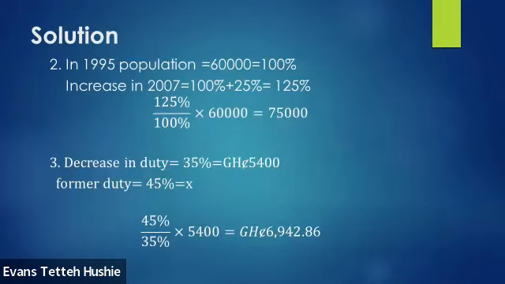Hold on there. I saw this, and you should know that if you subtract that 35 from the 45, that percentage that you get, you can't calculate it on this. You can only calculate it on this. Do you know why? Because the former duty is 45, and we are saying that it has been decreased to 35. So the decrease is what? 10% decrease.